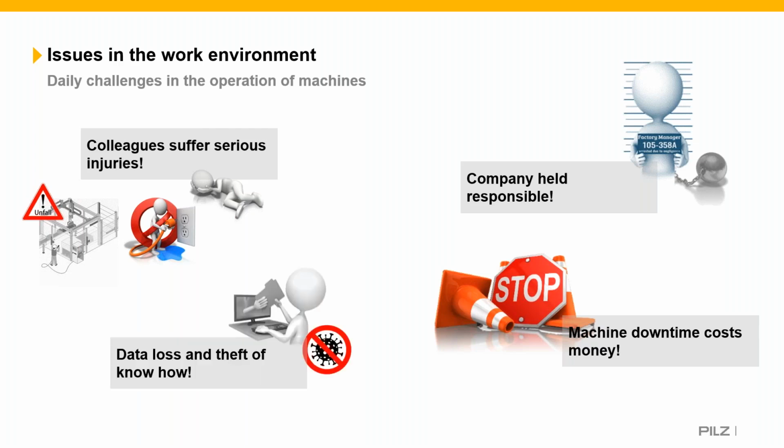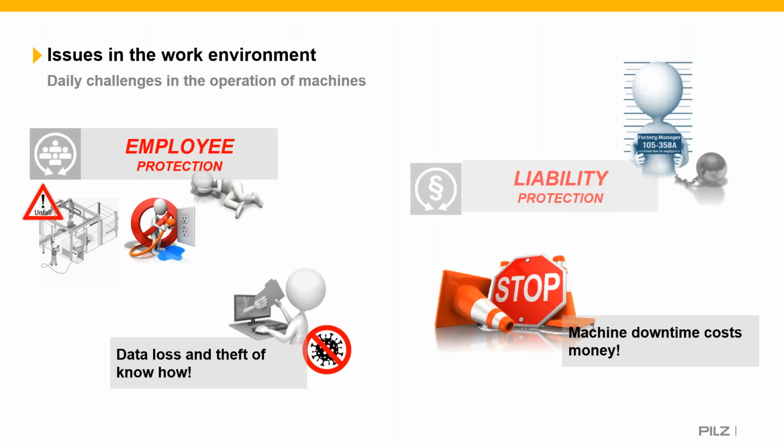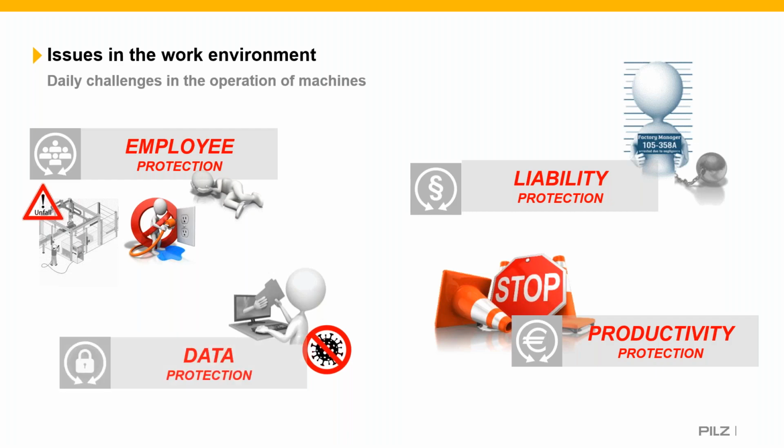We also have data loss and theft of know-how. So with the devices that we run through today, we can look at employee protection, liability protection, productivity protection, and data protection.